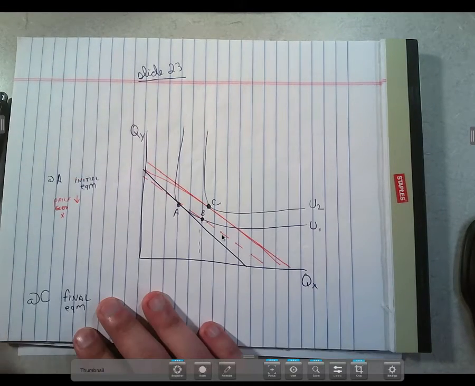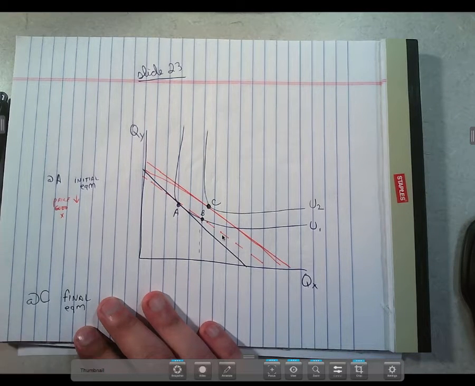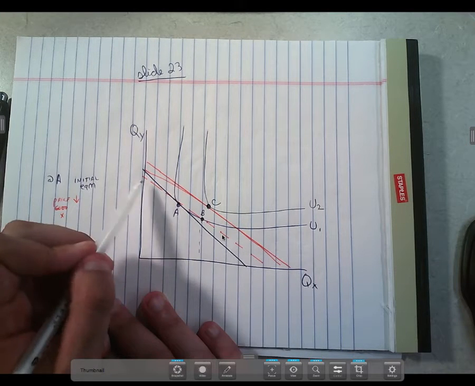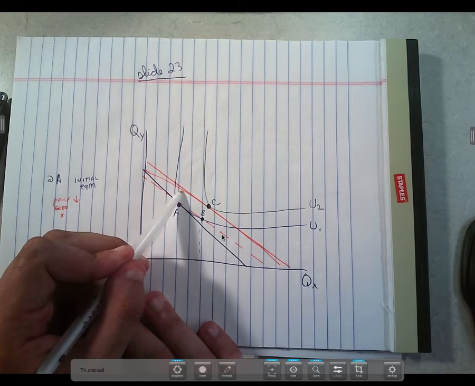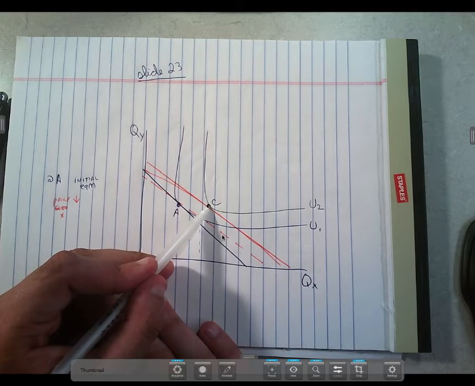Let's call that point B. So what we're saying here is, let's keep the same price ratio as our new budget constraint line, but let's not allow ourselves to be any happier. And then finally, let us let ourselves be more happy.